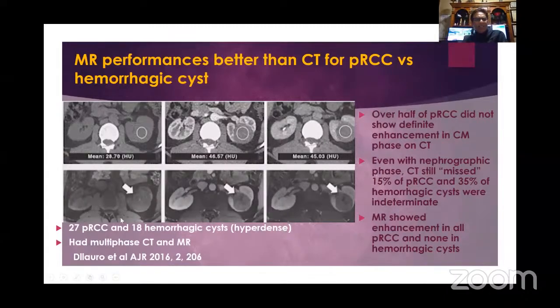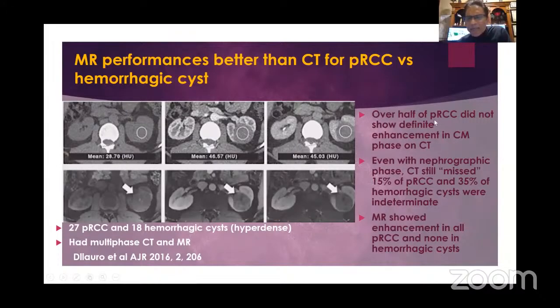Whereas on MRI, you can see that this lesion has intensity similar to parenchyma with IV contrast. You can clearly see that there's some enhancement, and on subtraction images, we can clearly see that this is a solid enhancing lesion, which was papillary renal cell carcinoma.